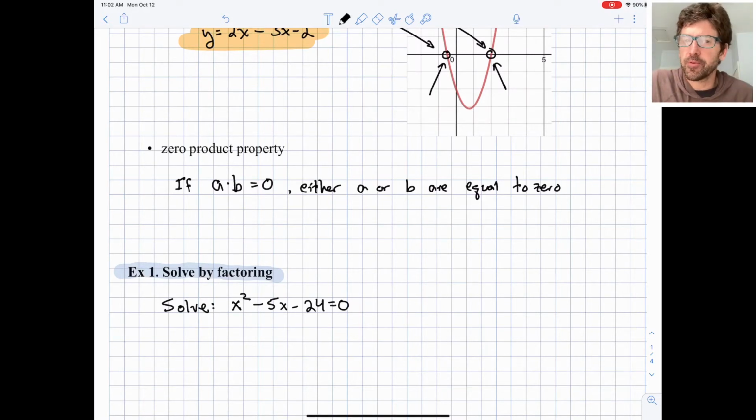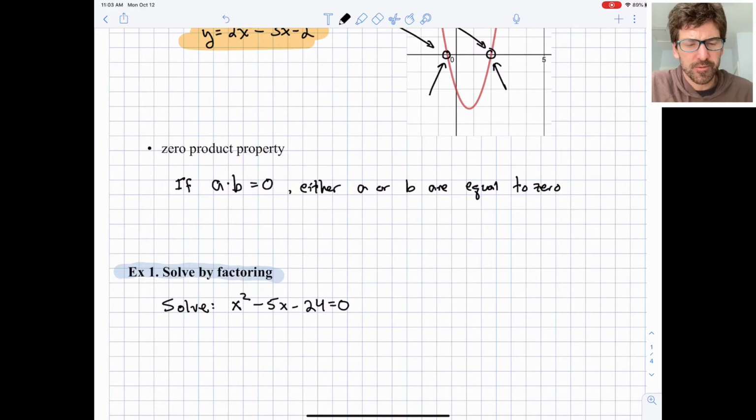Okay, so if we have the product of two terms, either simple terms or complex terms, if the product of two terms, no matter how complicated they are, is 0, one or both of them must be 0. It is impossible to have a product equal to 0 where neither of the two factors are 0. And that's going to get us quite a bit of utility here as we're trying to solve these quadratic equations.